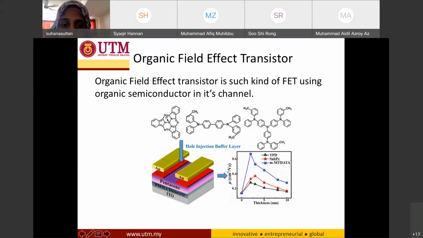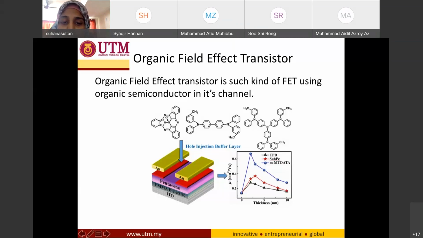Normally when we use organic material, the dielectric is also organic. That's why they use PMMA. Some actually use silicon oxide, but there are a lot of defects at the interface between the organic and inorganic.